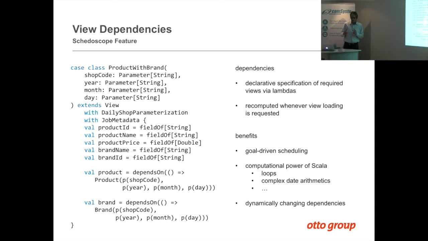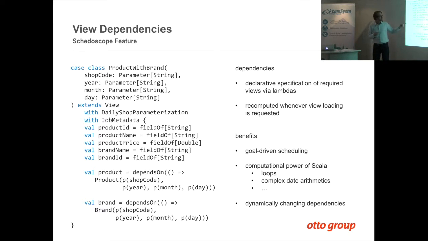And the second core point, as I said, one core point of the system is that schema is code. This is the one thing. And the other thing is that when we write a view or a table, we directly specify the other views that this table actually depends on. And we do this using lambda functions. So in this section here, you can say that this table, product with brand, needs at first the product table, and it needs the brand table to be able to compute itself.